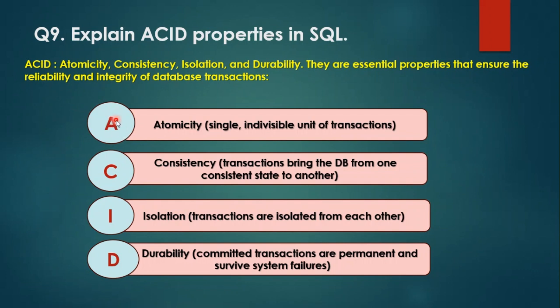So A for atomicity means the transaction will be a single, individual unit. Atomicity means the transaction will be atomic. C means consistency: a transaction brings the DB from one consistent state to another, so a transaction must be consistent.